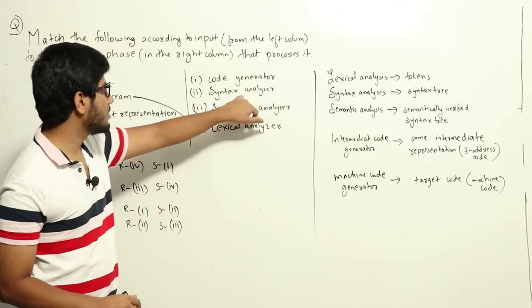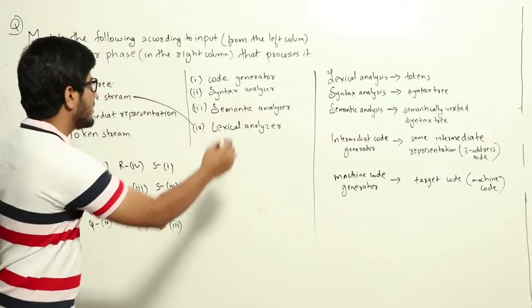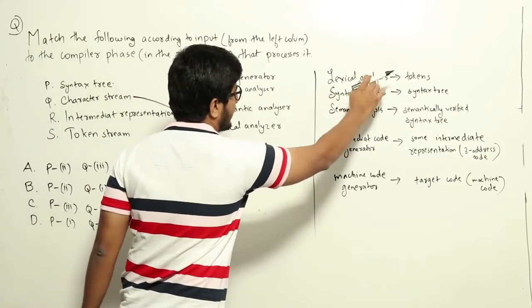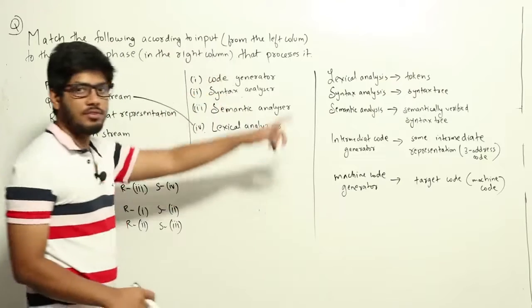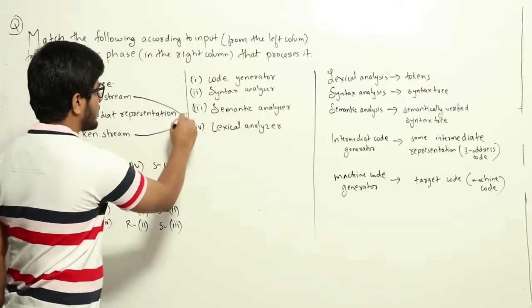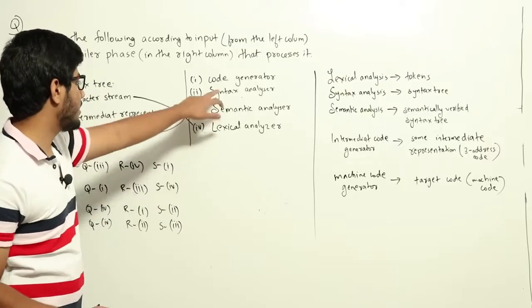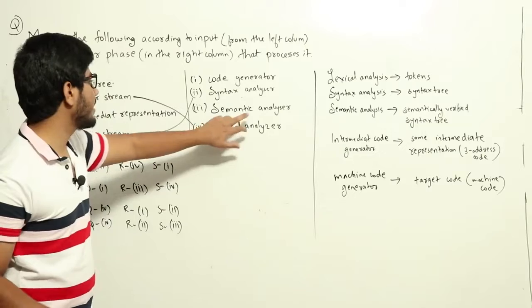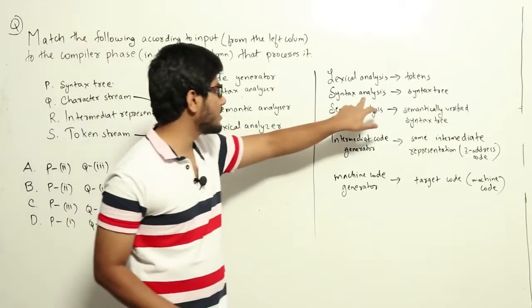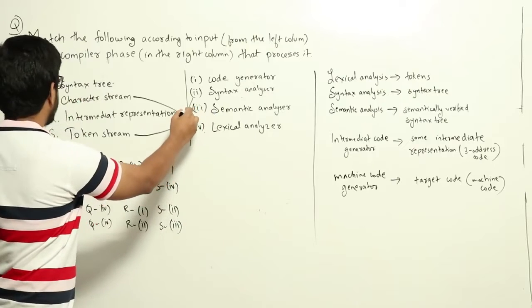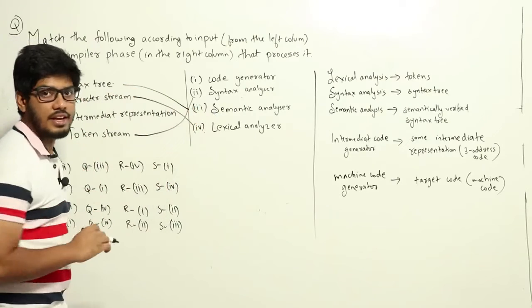Then let's look at syntax analysis. The input to the syntax analyzer would be the output of lexical analysis, that is a stream of tokens. So a stream of tokens will be matching to the syntax analyzer. Then the next stage is semantic analysis. The input to the semantic analyzer is the output of syntax analysis, that is the syntax tree.